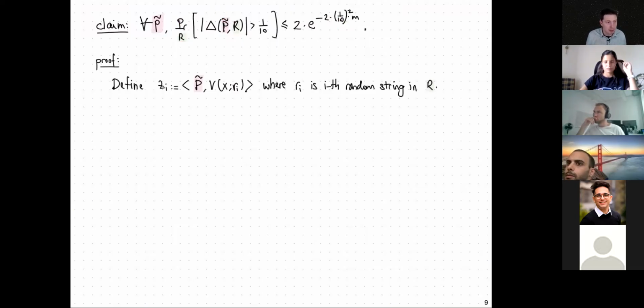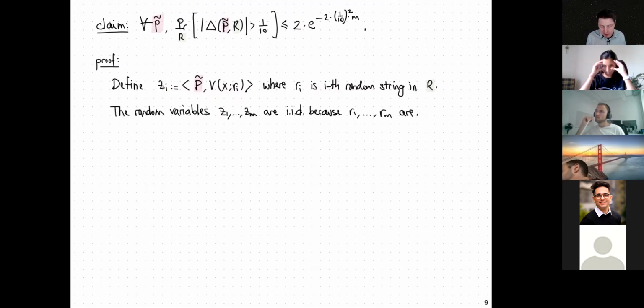We just need to define the variables. So let's define Zi to be the single bit that determines whether P tilde convinces V on randomness Ri, where Ri is the ith random string in R. And the random variables Z1 through Zm are IID because R1 through Rm are. Remember that each of those is an independent sample from {0,1}^{VR}.